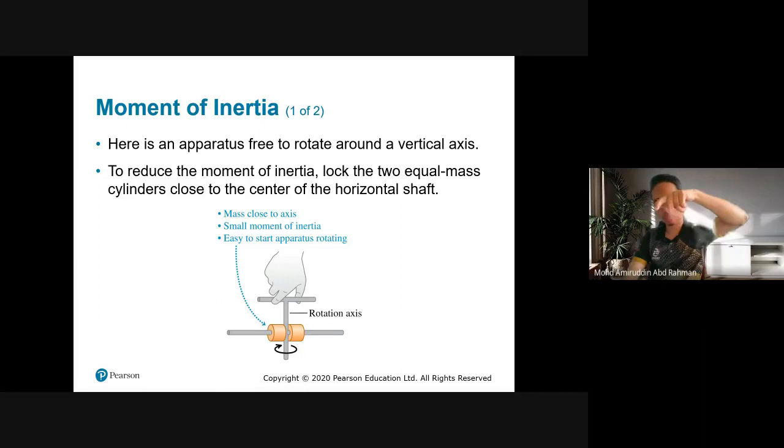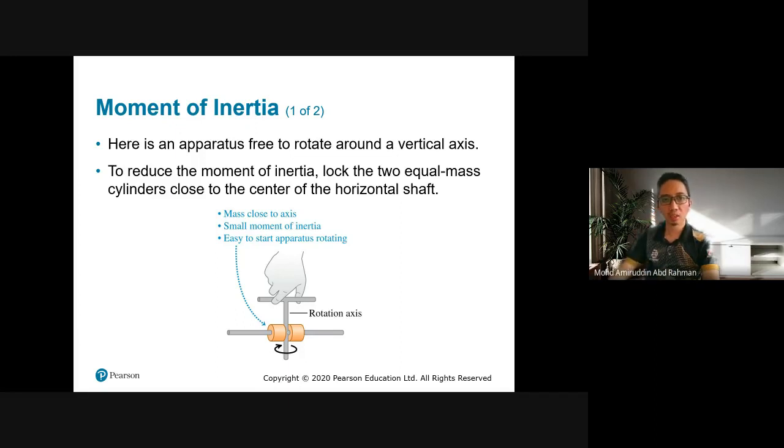So you do the rotation, and it rotates on the vertical axis. If you want to reduce the moment of inertia I, we lock the two equal mass cylinders close to the center of the horizontal shaft.